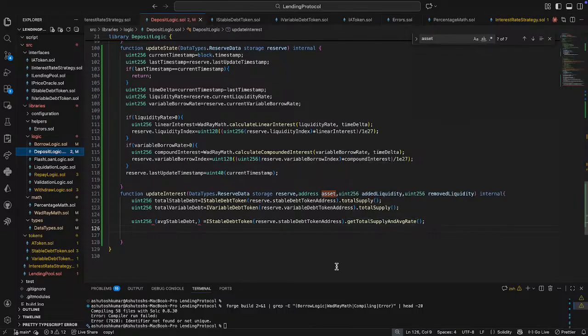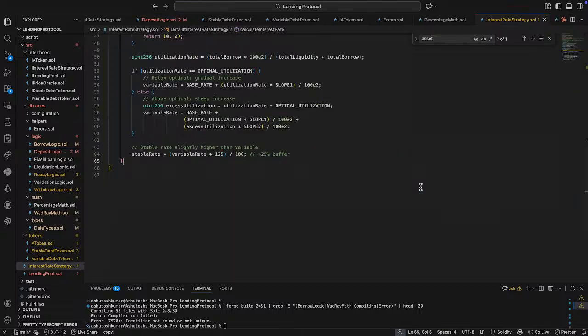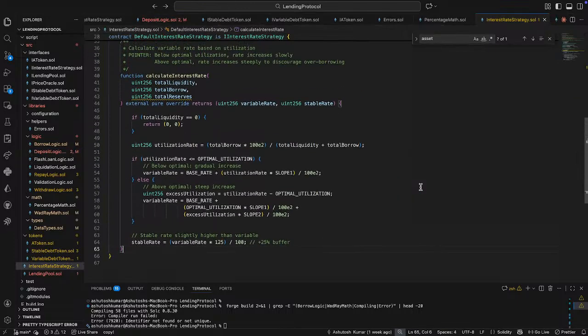So you just need the total debts, and you need total liquidity, from which it will get the, okay, let me check again, and total reserve.